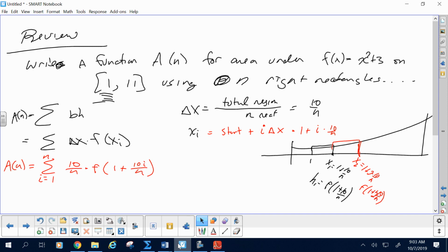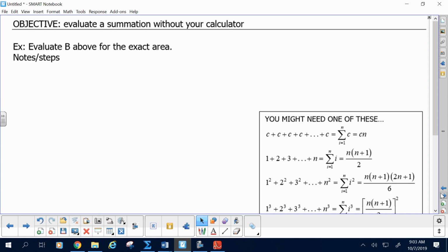Oh, that's great. The calculator is wonderful, but we could actually get an exact area with a little framework. All right, so evaluate B above for the exact area. I don't have B in front of me right now. Can somebody fix it? Thank you.